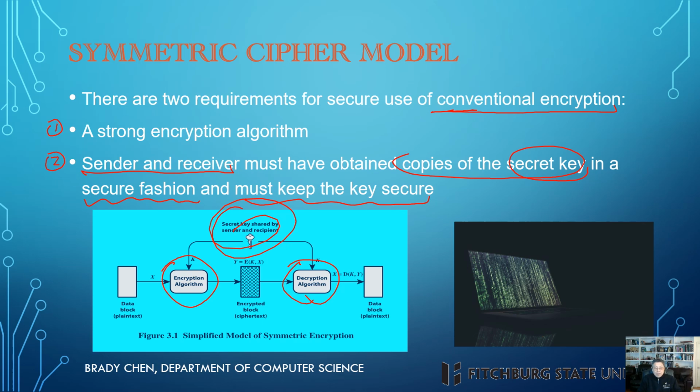That's very important. Now let's first talk about the first one, the strong encryption algorithm. What does a strong encryption algorithm mean? At a minimum, we would like the algorithm to be such that an opponent or an attacker who knows the algorithm, and has access to one or more ciphertexts, would be unable to decipher the ciphertext or figure out the key.